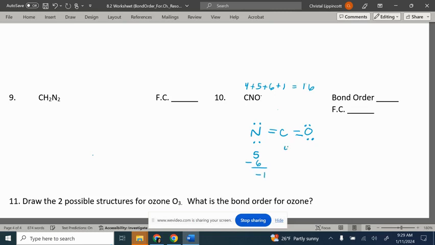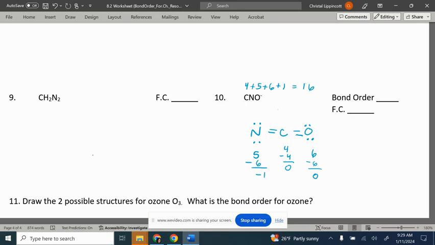My carbon should have 4. It has 4, so it's good. My oxygen should have 6. It has 6. Okay, now this again still all adds up to that negative value there, which it should.